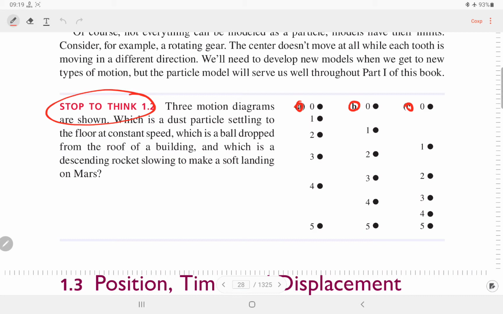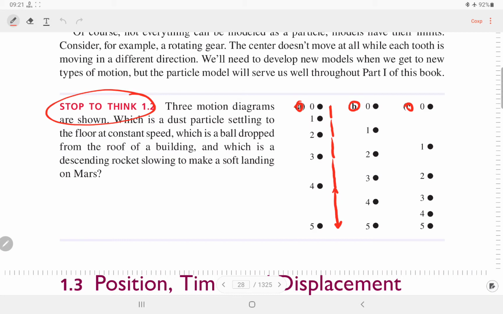So what we can see in diagram A is that the distance between adjacent numbers is increasing, and so on. The distance between 2 and 3 is smaller than the distance between 3 and 4, and the distance between 3 and 4 is smaller than the next distance, which is between 4 and 5. So this is a motion with acceleration, basically speeding up.